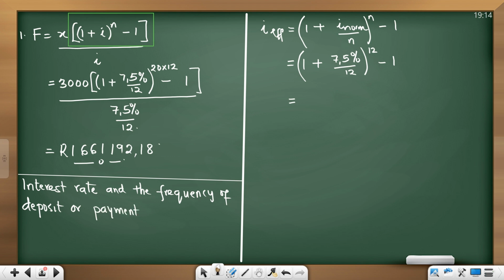Frequency of regular deposit and payment must be the same.